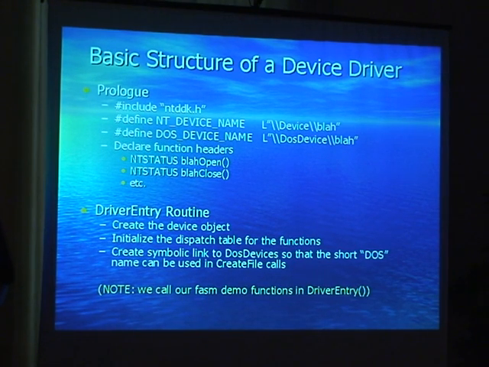And my apologies if I'm telling everybody stuff they already know, but the basic structure of a device driver: your prologue, of course, the NT DDK header file is included. You define your NT device name, and it's Unicode. The L, of course, means Unicode.